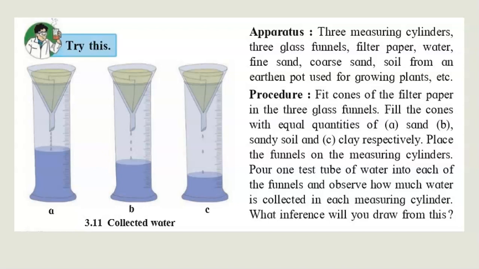In B, it holds a little amount of water, and C holds a lot of water and only a few drops are passed through it. That means the water holding capacity of A is extremely less, B is moderate, and the soil present in C holds water to a greater extent. This is what we will infer from this particular activity or experiment.